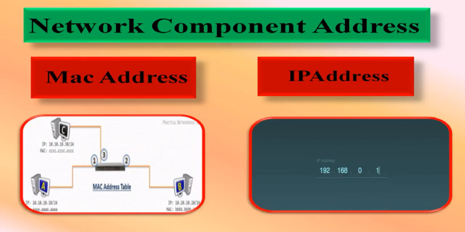An IP address consists of 4 numbers separated by periods, with the numbers having a range of 0 to 255. As we can see in the diagram, here we mention an IP address. Each number is from 0 to 255.